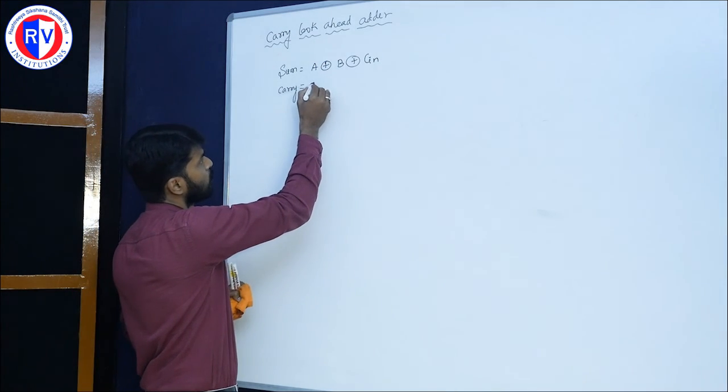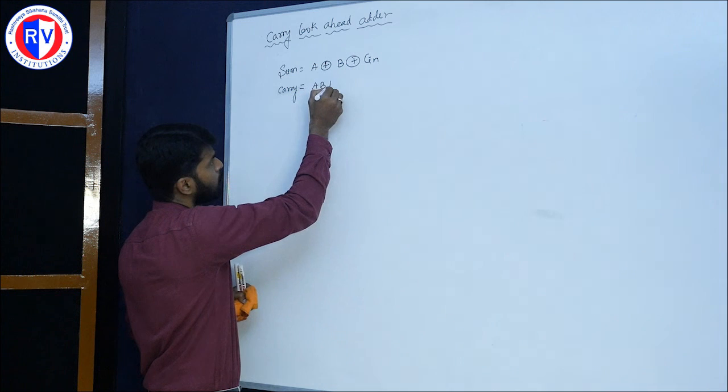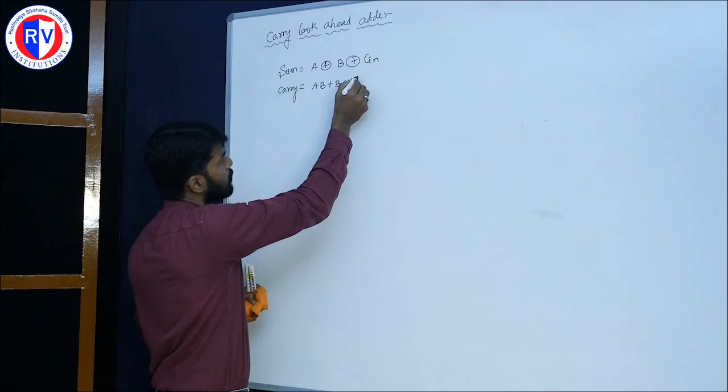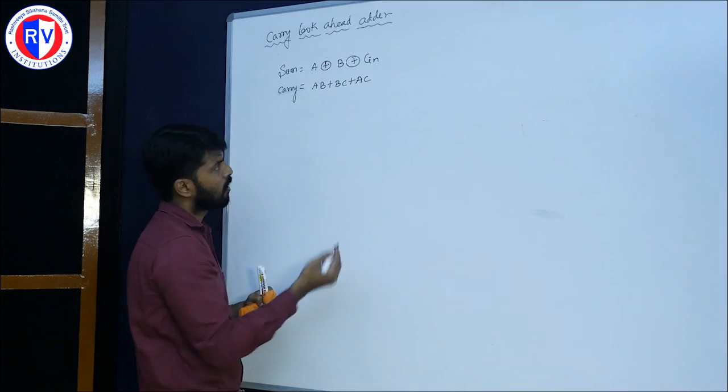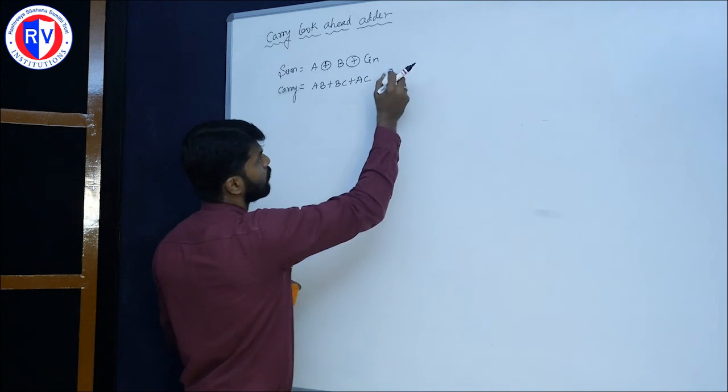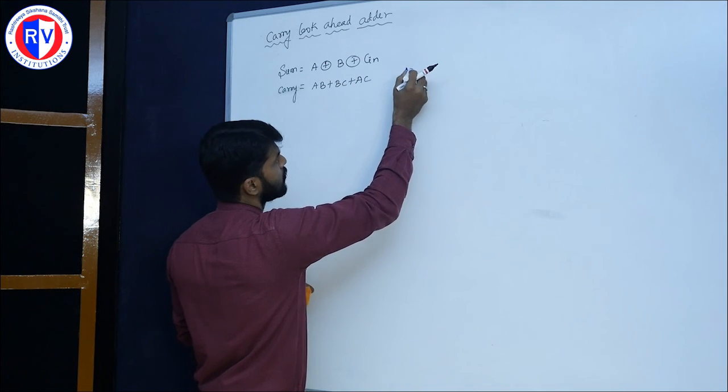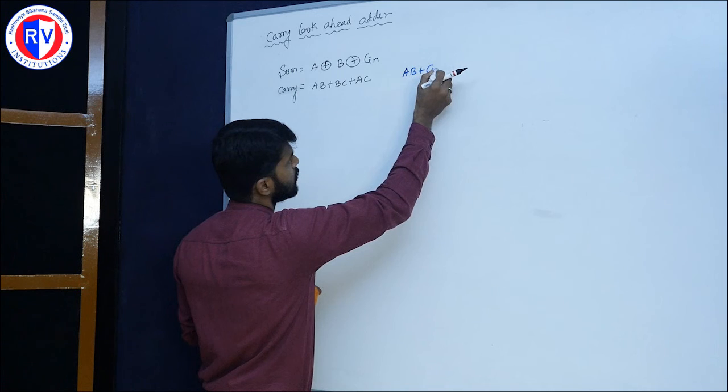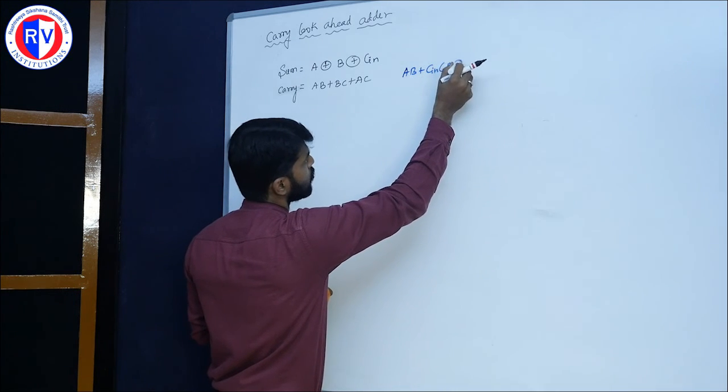In the carry, we know that it is AB plus BC plus AC, correct? Or we know that we have AB plus C in into A XOR B.